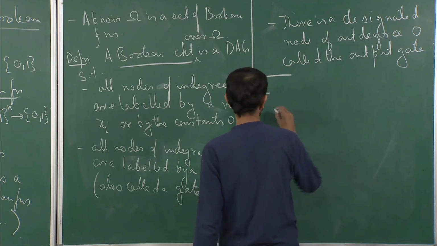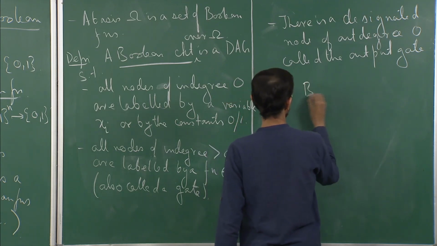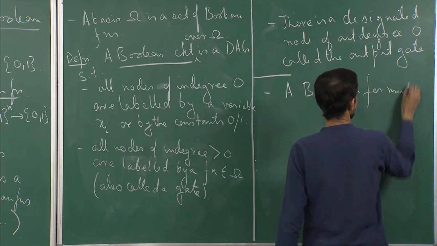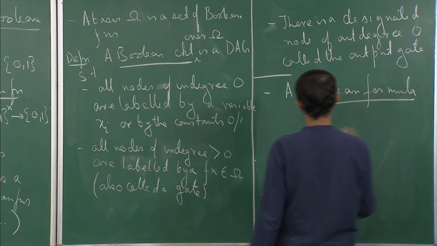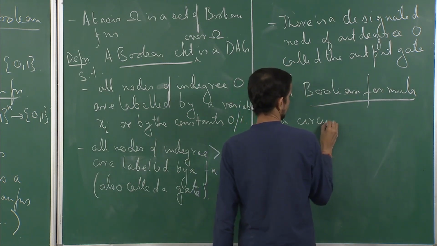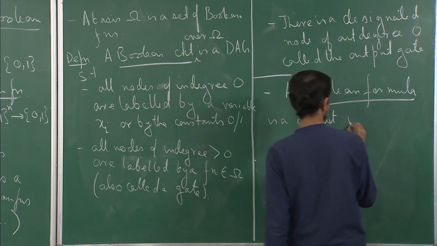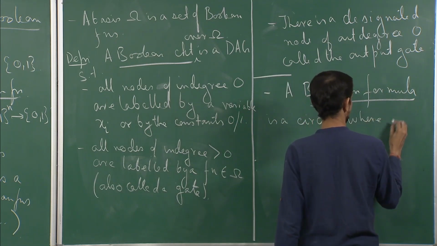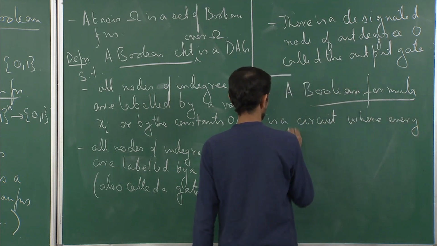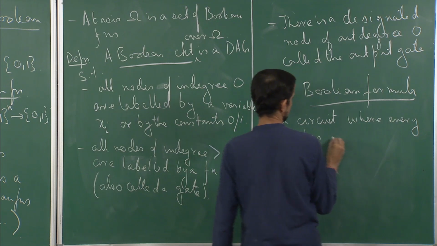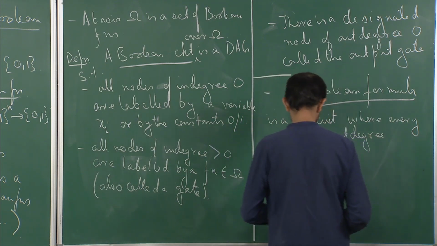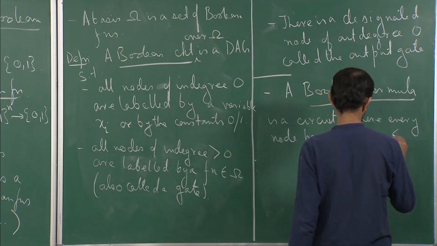Now we define what a formula is. So a Boolean formula is a circuit where every node has out degree at most 1.